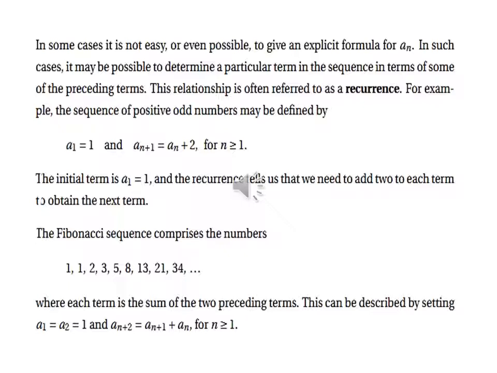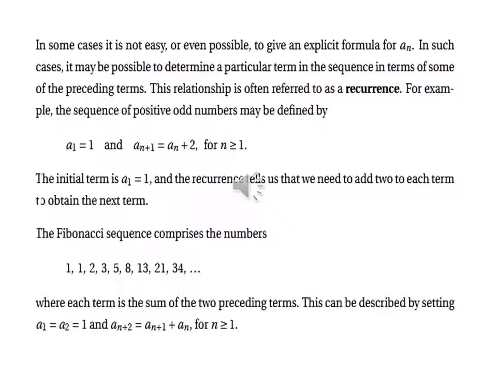For example, the sequence of positive odd numbers may be defined by a sub 1 equals 1, a sub n plus 1 equals a sub n plus 2 for n greater than or equal to 1. The initial term is a sub 1 equals 1, and the recurrence tells us that we need to add 2 to each term to obtain the next term.